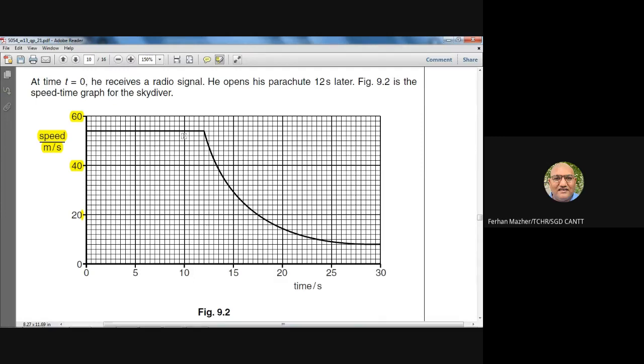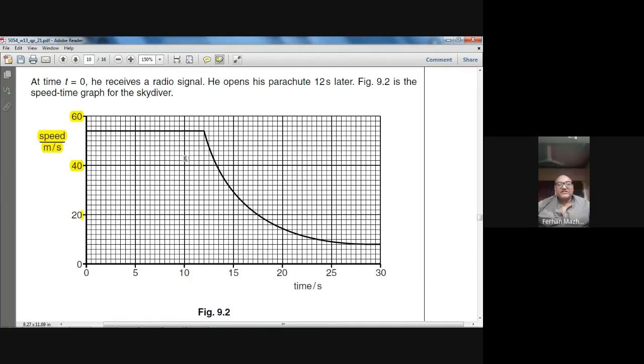When the speed is constant, the resultant force is 0, which means that the downward weight and the upward air resistance are equal to each other, and the resultant force is 0. That's why the acceleration is 0, and that's why the speed or velocity is constant.